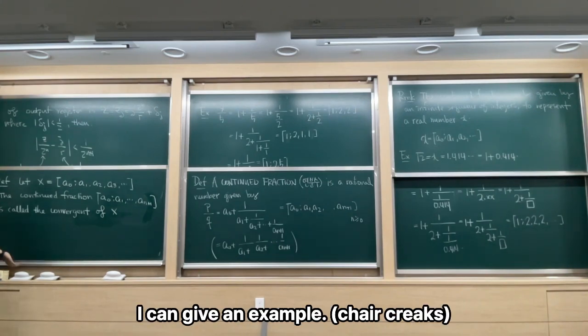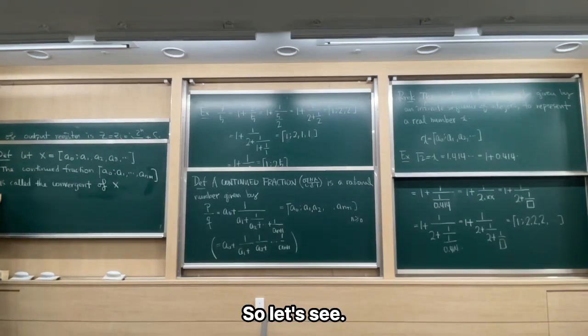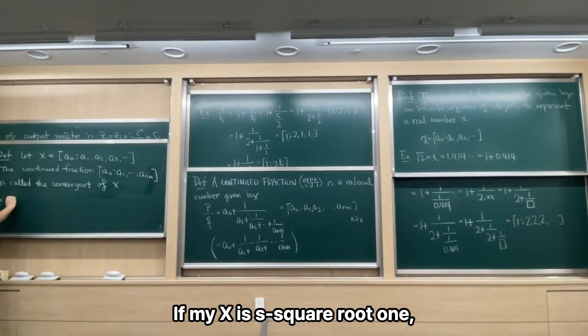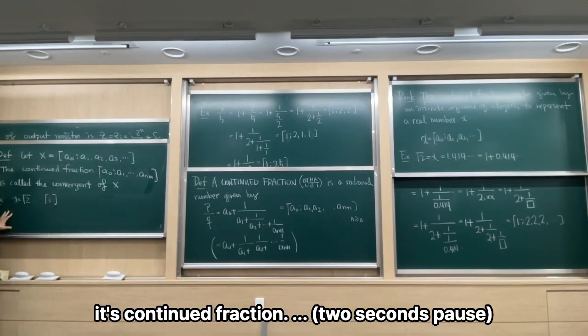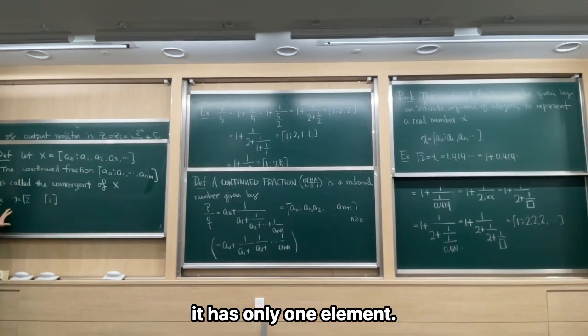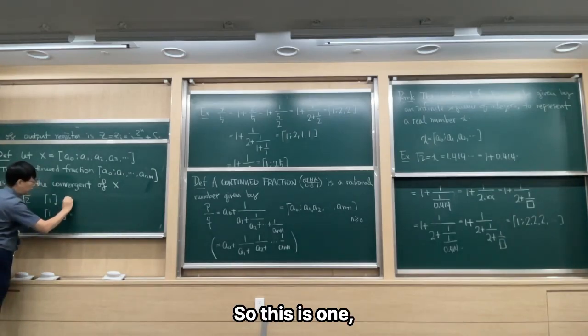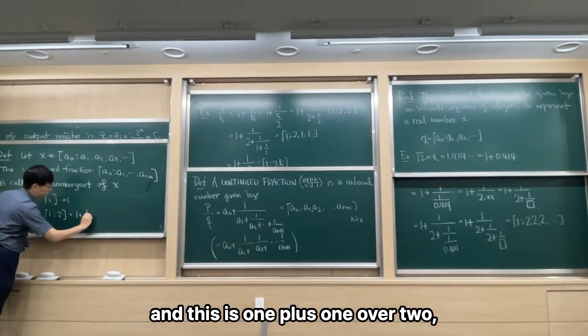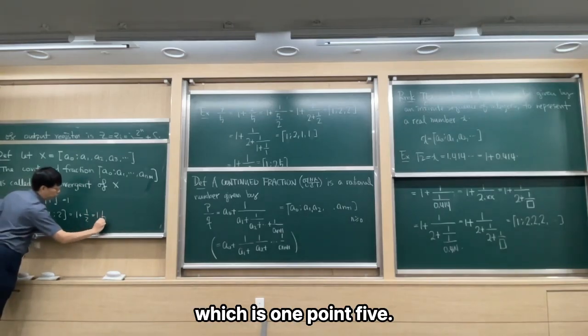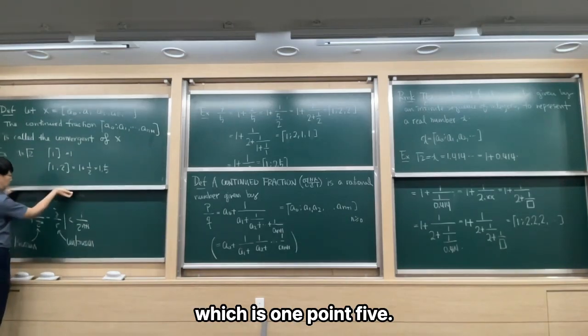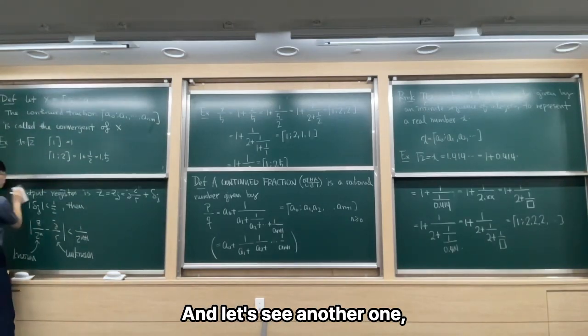So I can give you an example. Let's see. If my x is square root 2, 1 is a continued fraction because it has only one element. And 1, 2 is also a continued fraction. So this is 1, and this is 1 plus 1 over 2, which is 1.5. And let's see the next one.